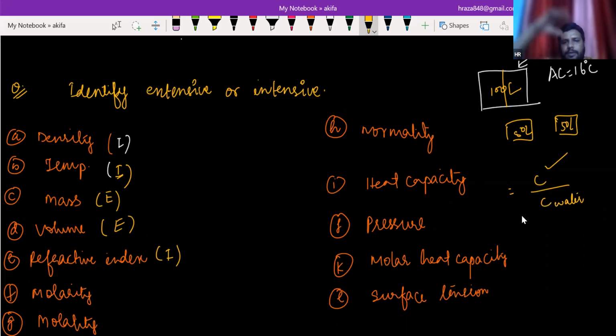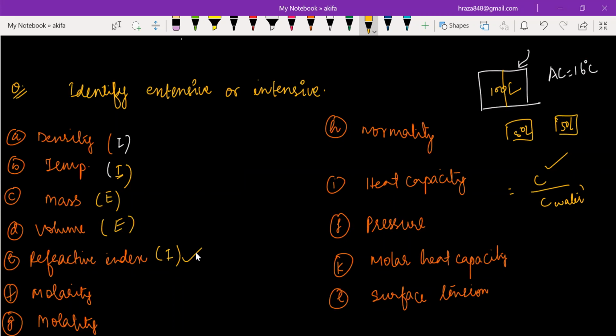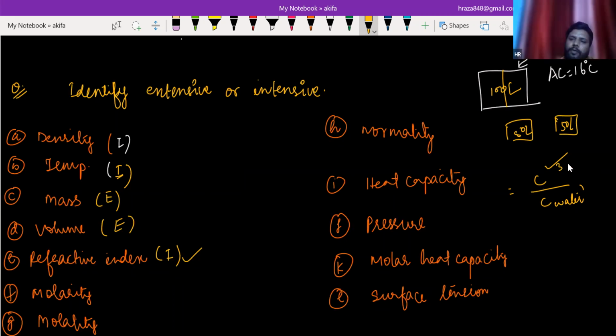Whether the amount of water is large or very small, if light travels through it, the ratio will remain the same. That's why it is intensive. The speed of light in water is about 3 into 10 raised to the power 8 and in air about 3.5 into 10 raised to the power 8. Whether the water is high or low in quantity, the ratio will be the same.